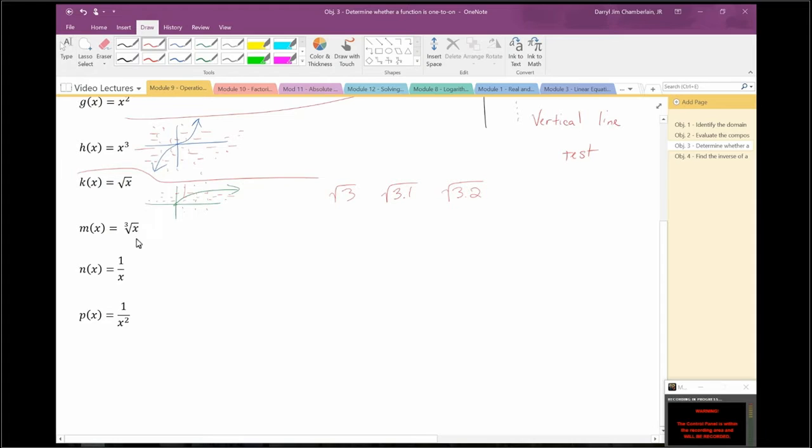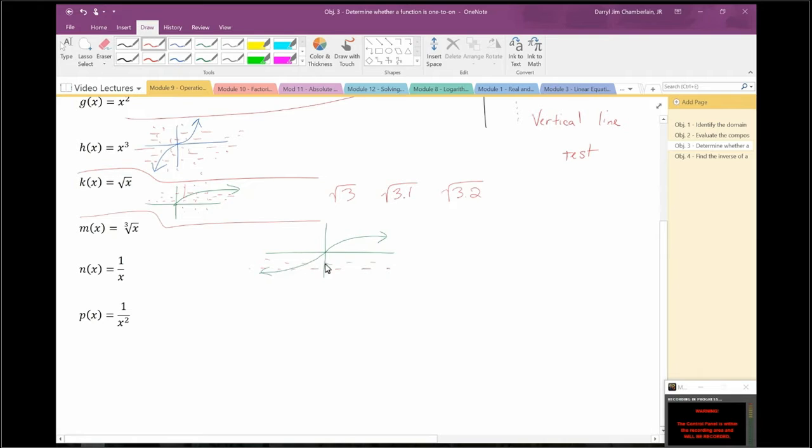Okay. Well, then what about cube root? A cube root is like a square root, but we're allowed to have negative numbers now in our domain. And unlike x squared, we don't have any issues.